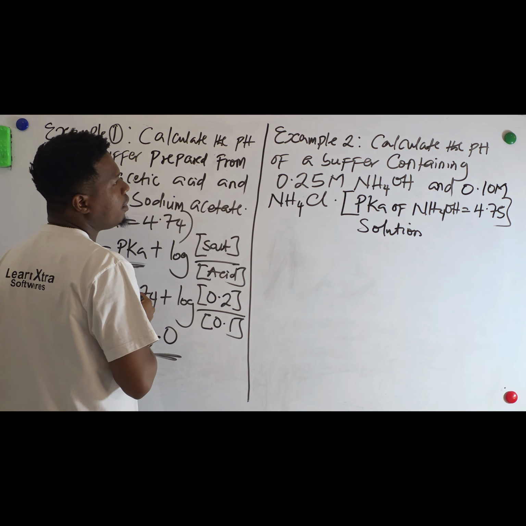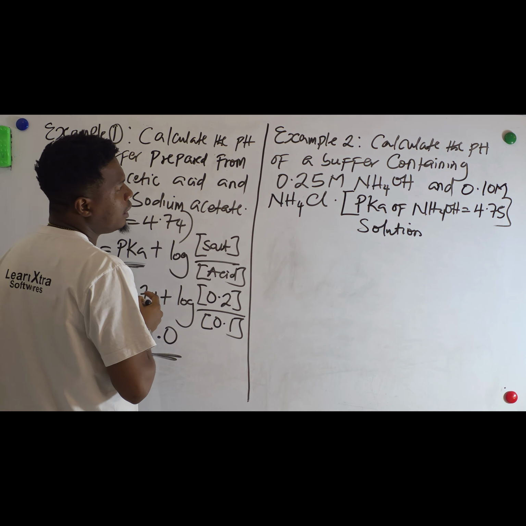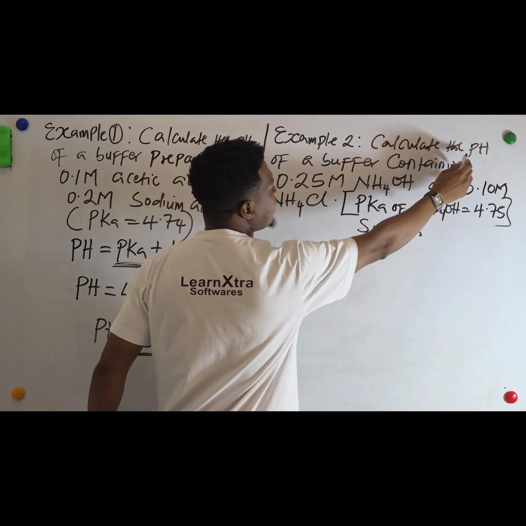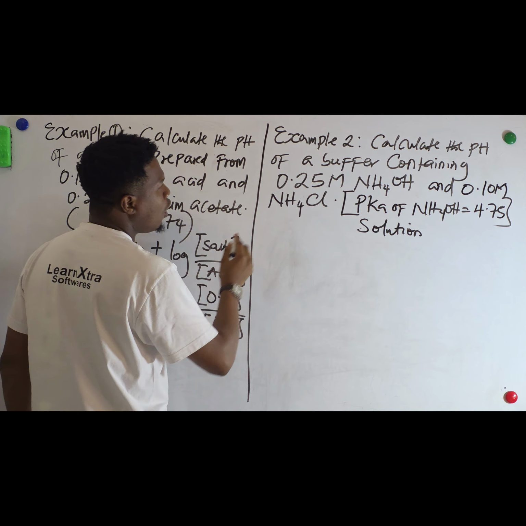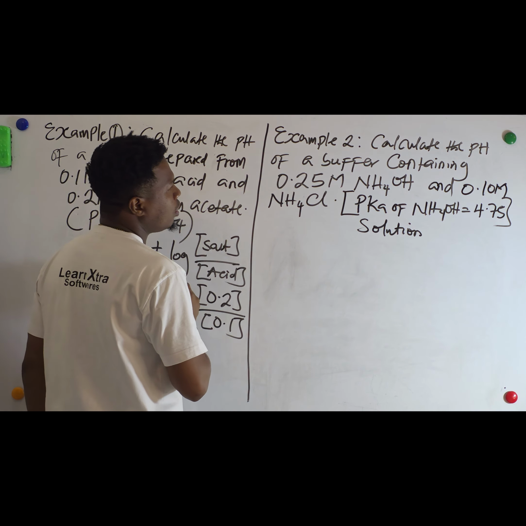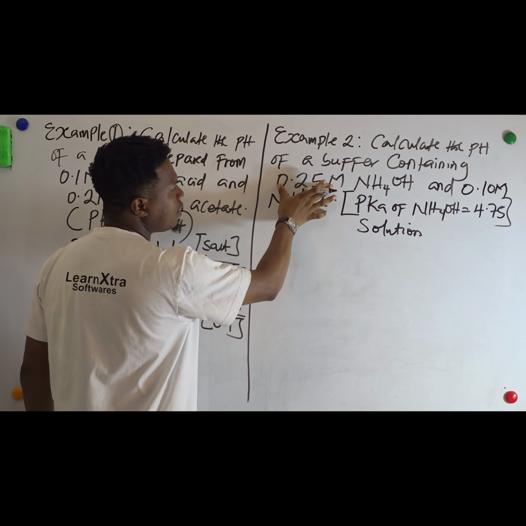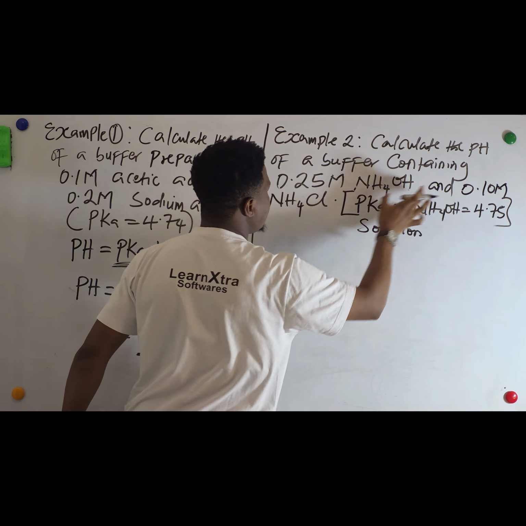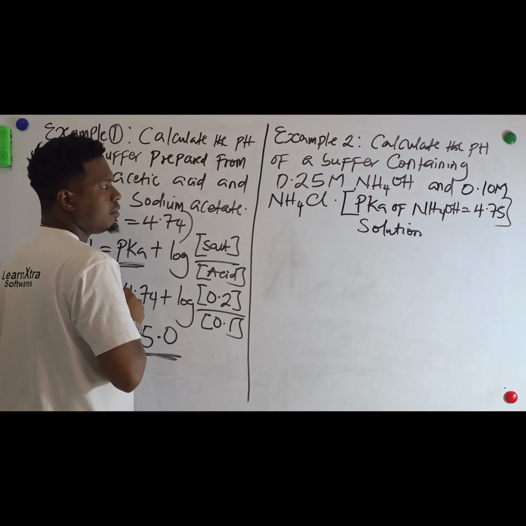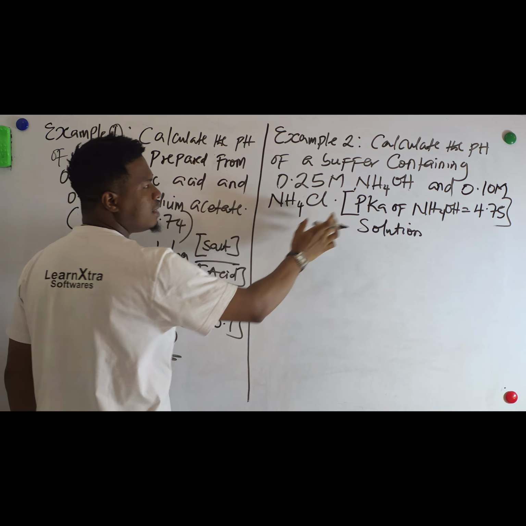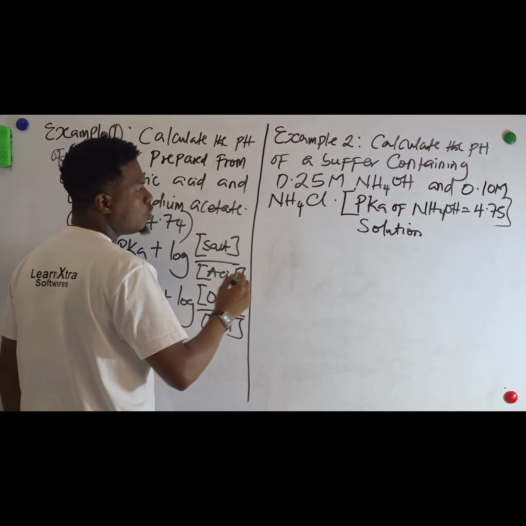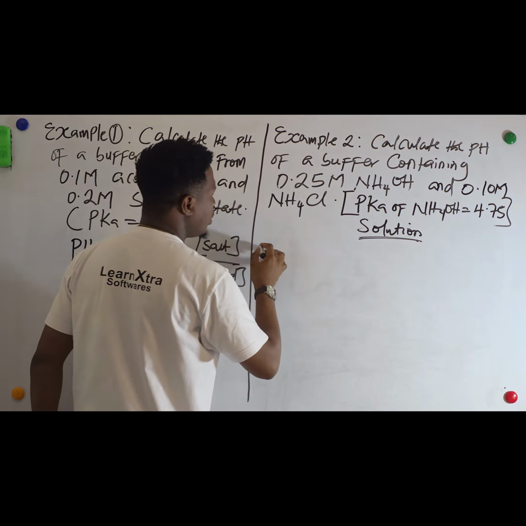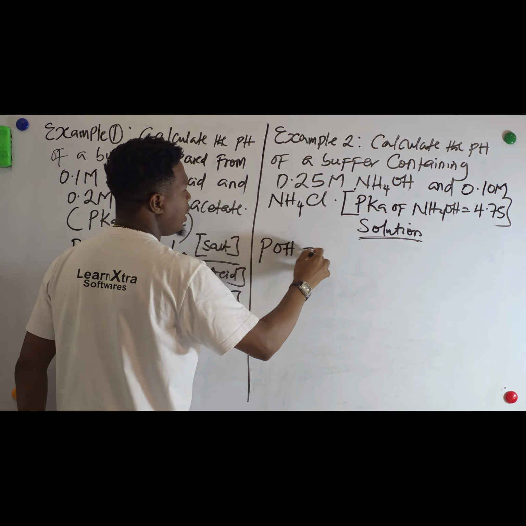The same thing, but this time around, you have to be very careful. It says, calculate the pH of a buffer solution containing this for the base and containing this for the salt. This is the base, this is the salt. Because a base is mentioned, you have to find the pOH first.